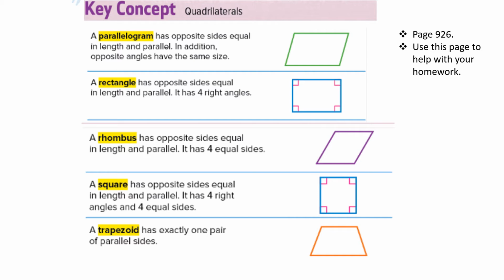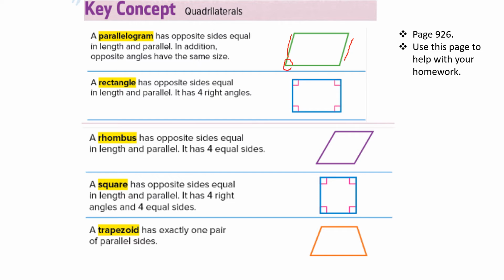I want you to use this page to help you with your homework today because it explains exactly what each shape is. Looking at the top one, a parallelogram has opposite sides that are equal, okay, and parallel. In addition, opposite angles are the same size.